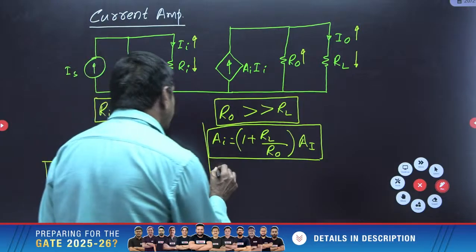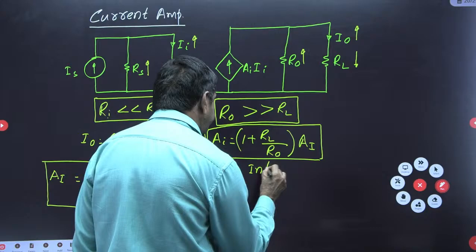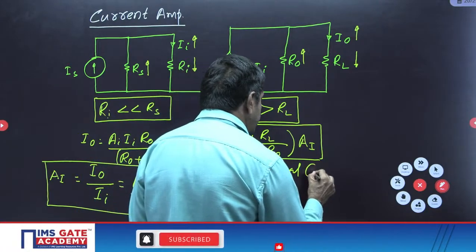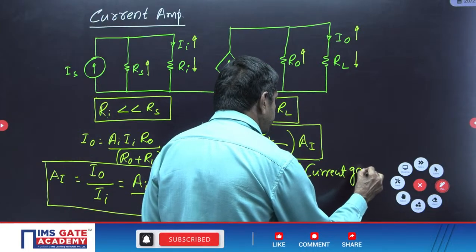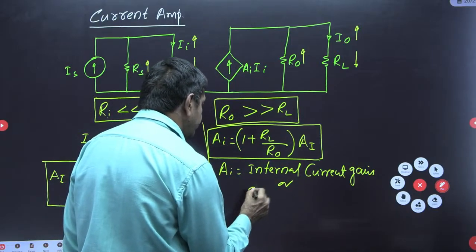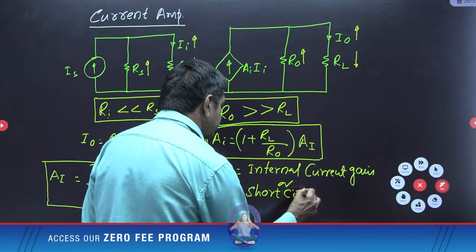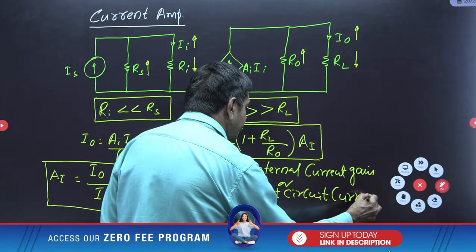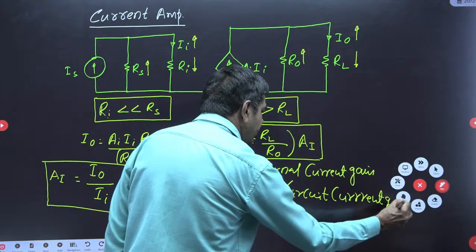So A suffix small i is given the name internal current gain, or short circuit current gain. Any name is allowed. All these points are a must.